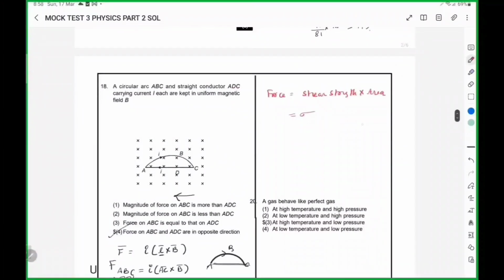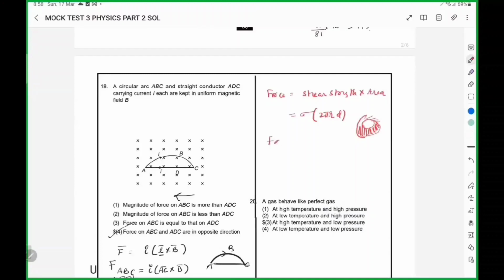Area means this force is acting on the boundary, that is, the area will be this area. That area is 2 pi r times the thickness d.